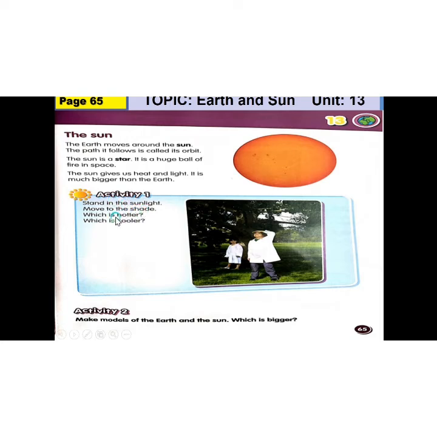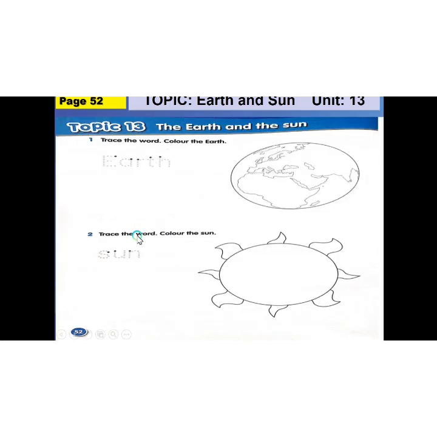Now you check which is hotter and which is cooler. So when you stand outside the sun for a few minutes, you go back to your room and then you check, you ask yourself, which one was very hot and which one was cool. Alright?